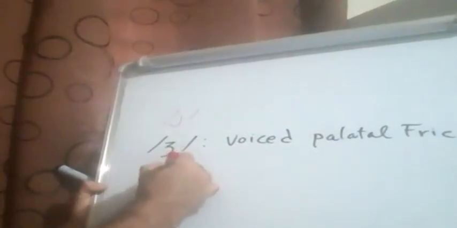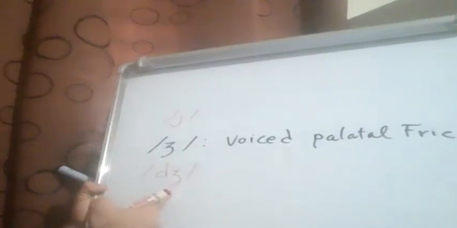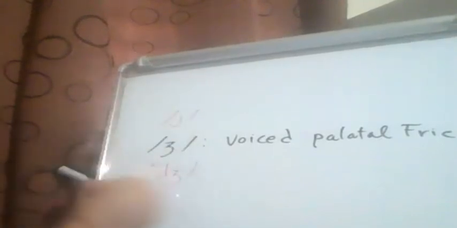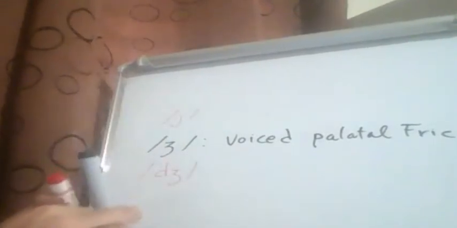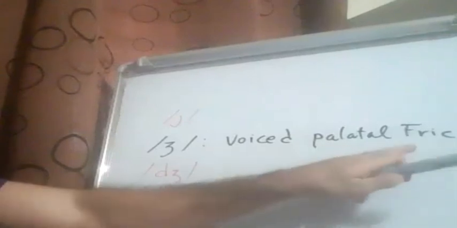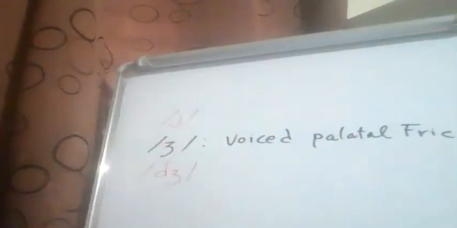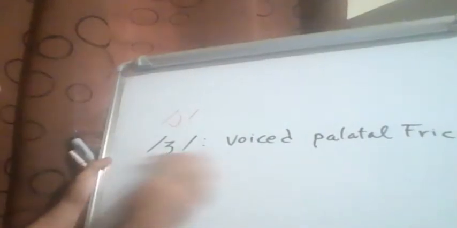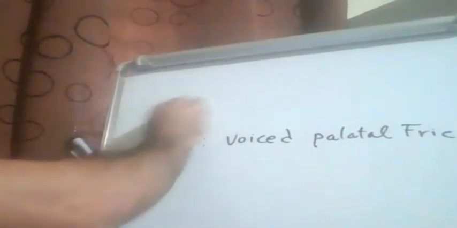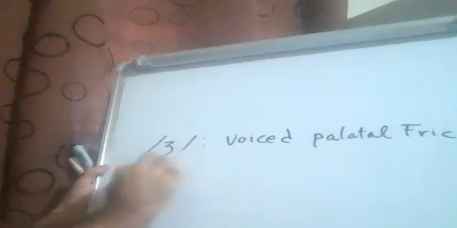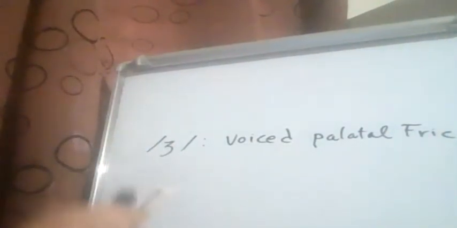And I'm also including the alveopalatal, which has plus alveolar plus palatal. So I am including all these three sounds. By saying fricative, I am just separating this sound from the other two palatal or voiced palatal sounds. So the three of them are necessary.